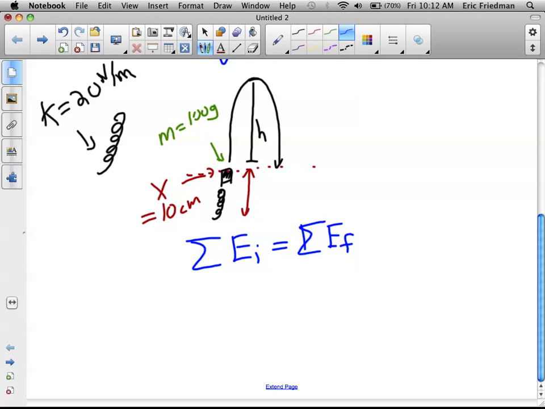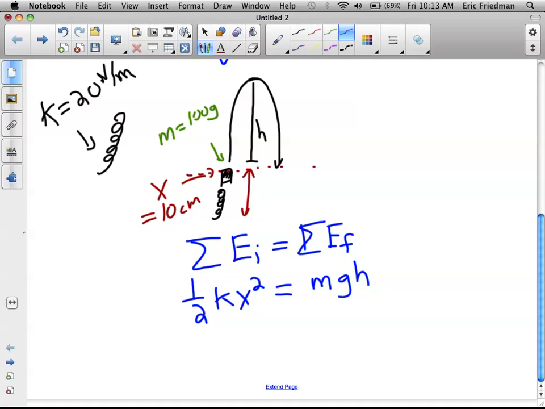We have spring energy, elastic potential energy, in the beginning, and then gravitational potential energy at the end. That's really it. So we're going to have 1/2 kx squared over here, and mgh over there. Now we're just solving for what h equals.